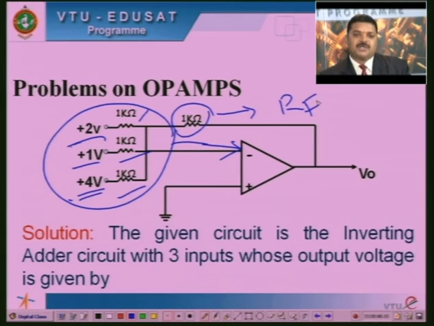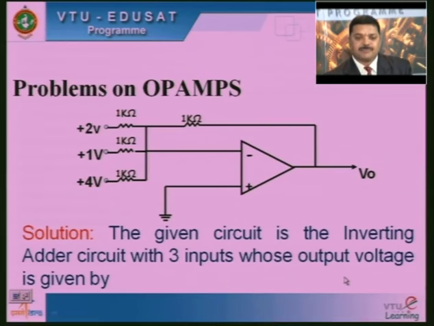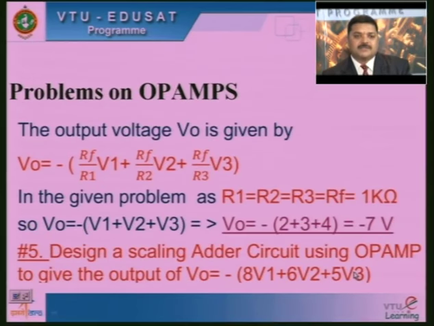So, when we substitute all these values, we will get the output voltage. That is a very simple problem, but this type of problem is usually asked in the exam. So, let us solve this problem.